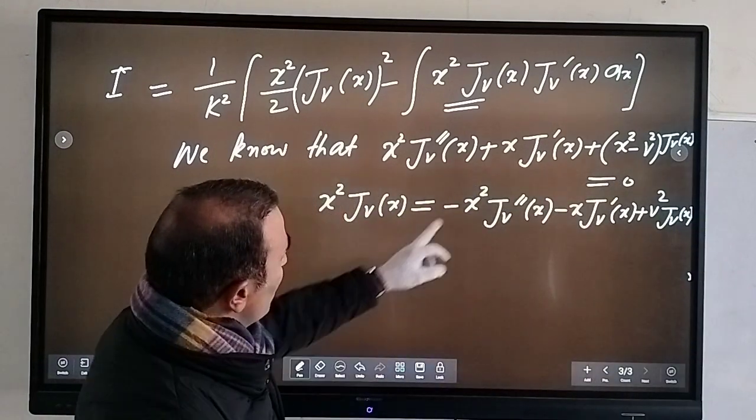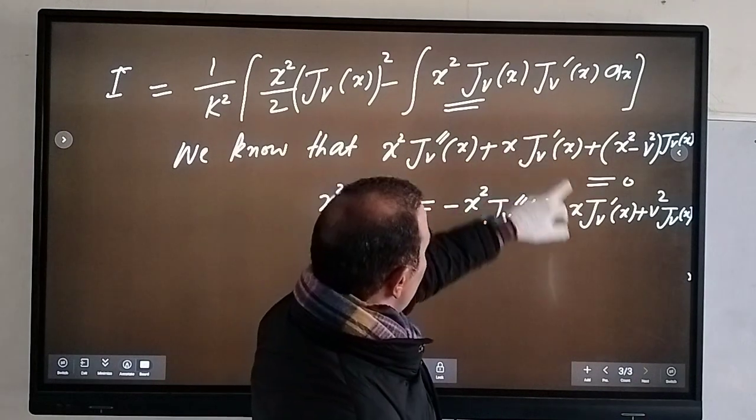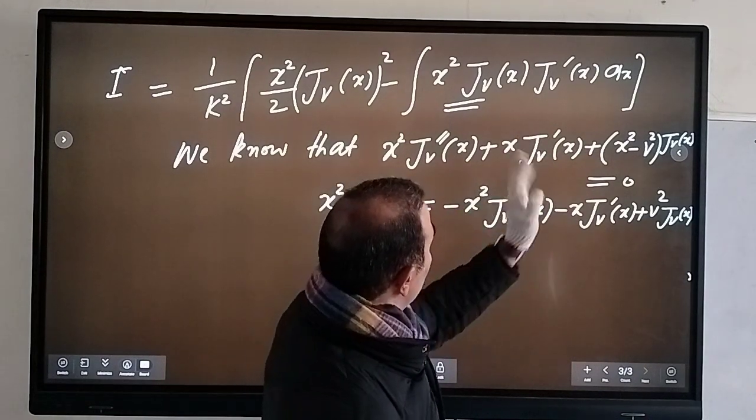Okay. So let us use it in this equation. So instead of that x square Jv of x, उसके बदले में मैं whole term लिखूँ, right?